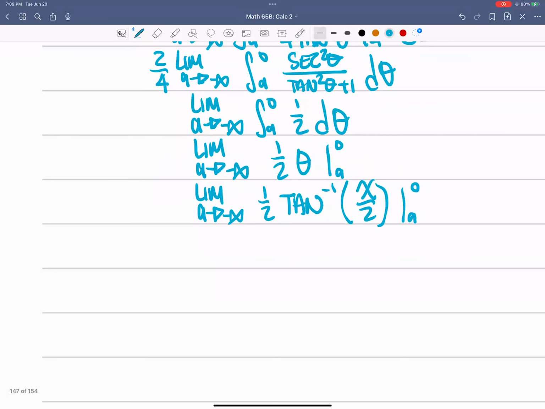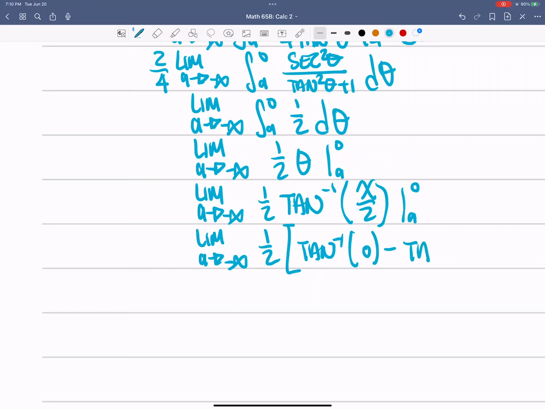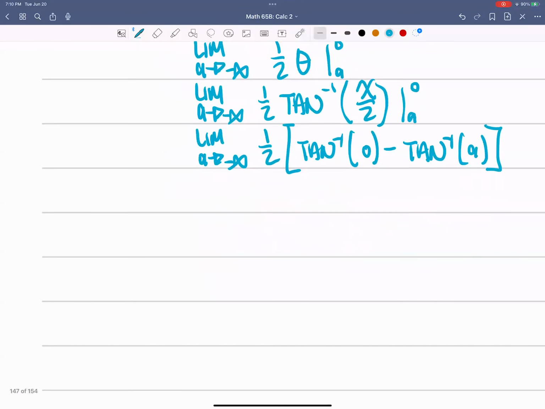Now we can evaluate. The limit as a approaches negative infinity of 1/2 times tangent inverse of 0 over 2, or we could just state this as 0, minus tangent inverse of a, with a going to negative infinity.